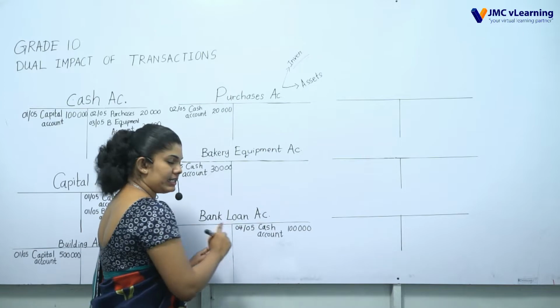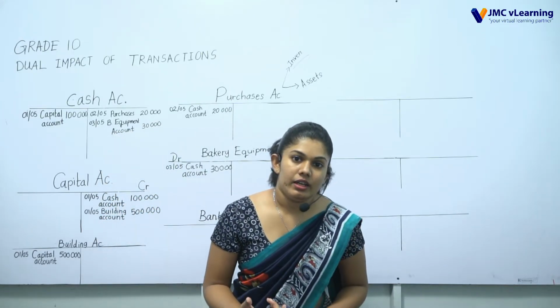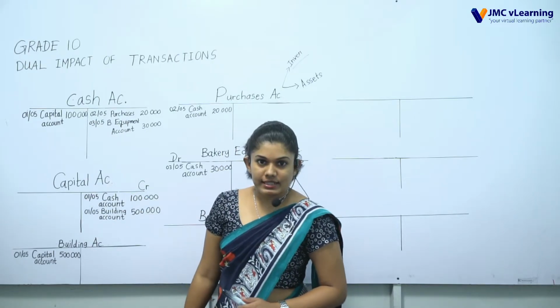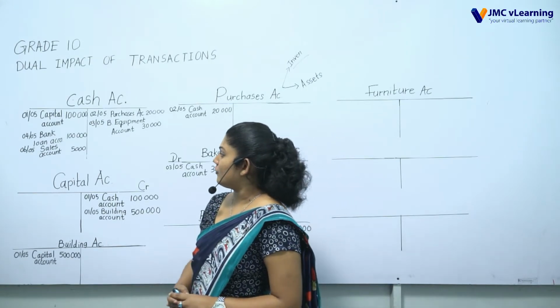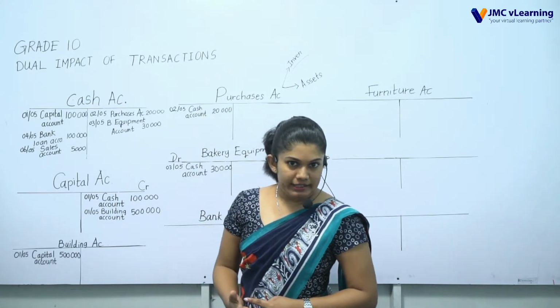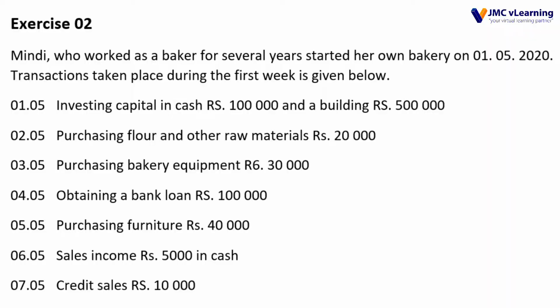And this is the credit entry. The missing entry is debit entry. The debit entry goes to cash account. Let's see how it's recorded. We are recording the other entry of bank loan account in cash account, which is in debit side. So we are moving on to the next transaction.